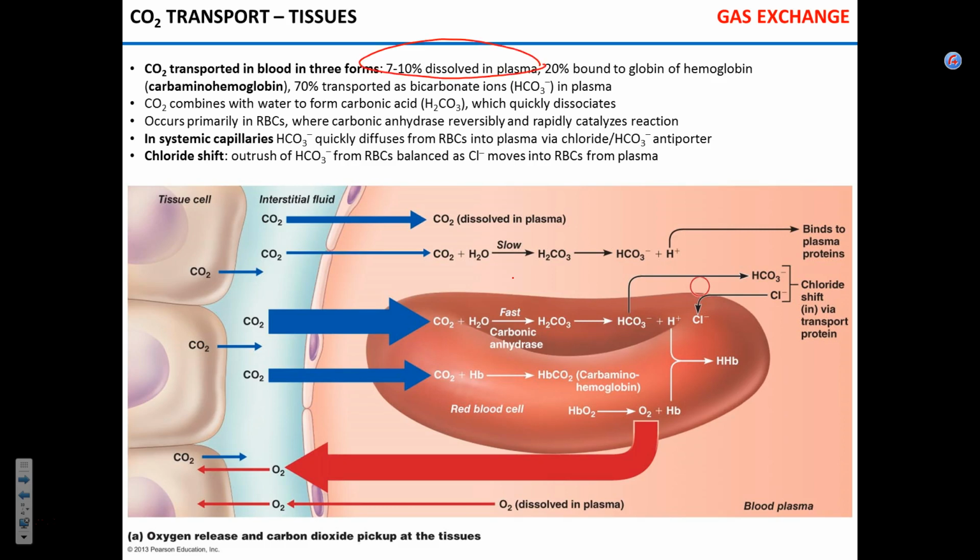A small amount is dissolved in the plasma. 20% is bound to hemoglobin in the form of so-called carbaminohemoglobin. And 70%, the majority, is transported as bicarbonate ions. Is that statement clear?